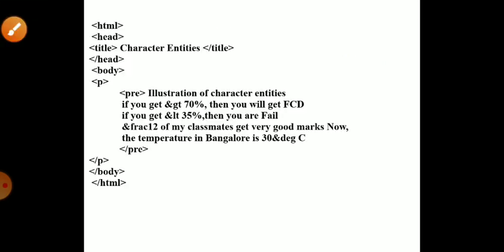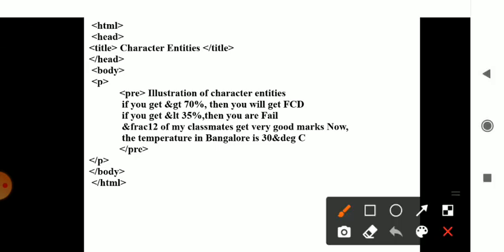Here you have an HTML document where you are using character entities. In the beginning you have html and head, then in the title you have character entities, head closed, then you have the body. In the paragraph you have various sentences.